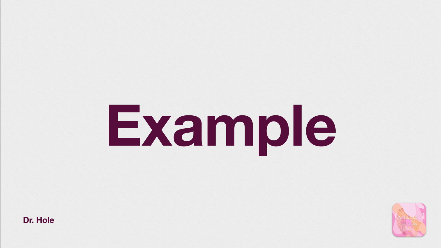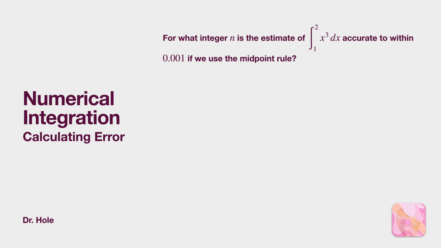All right, so let's look at that. For what integer n, in other words, how fine a partition do we need to take such that the estimate of this definite integral is accurate to within 1/1000th using the midpoint rule? Remember, the midpoint rule is capital M sub n. What value of n should we choose so that the approximation we produce is close to the exact value?